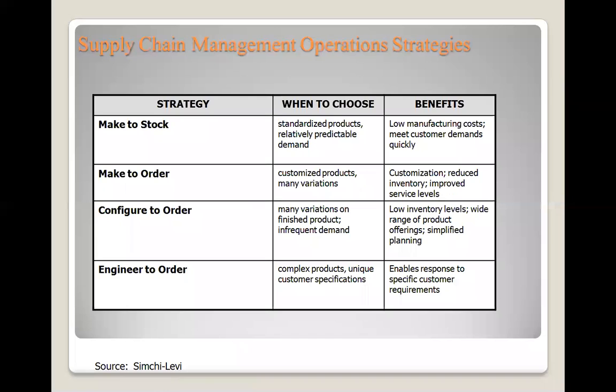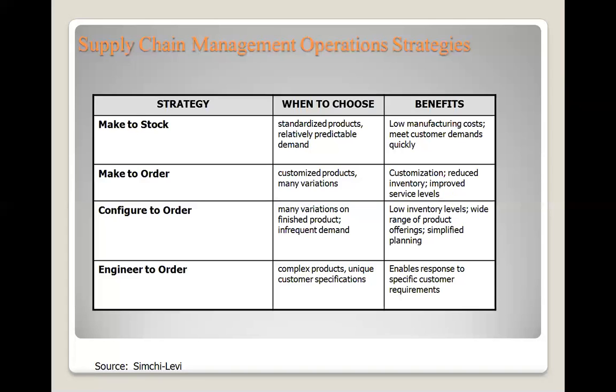Supply chain management operational strategy. Make to stock: choose when standardized product, relatively predictable demand; benefit, low manufacturing cost, meet customer demand quickly. Make to order: customized product, many variations; benefit, customization, reduce inventory, improve service level.